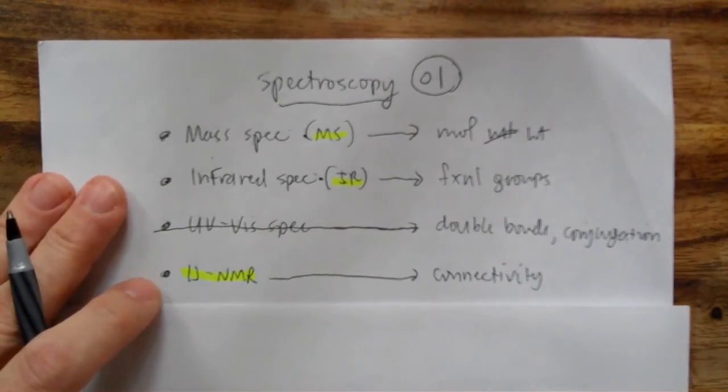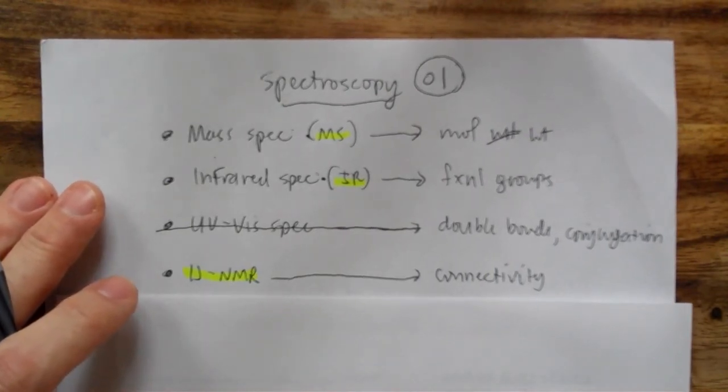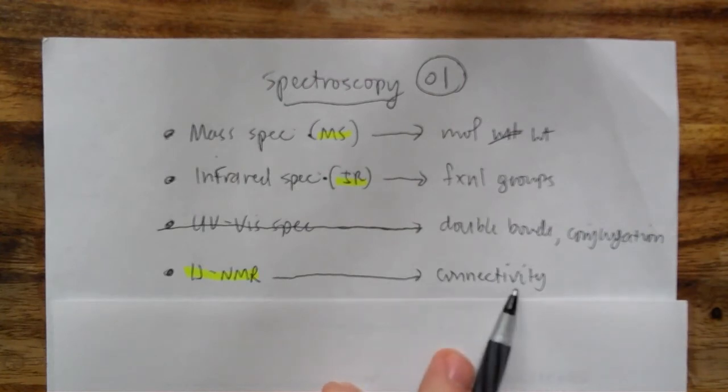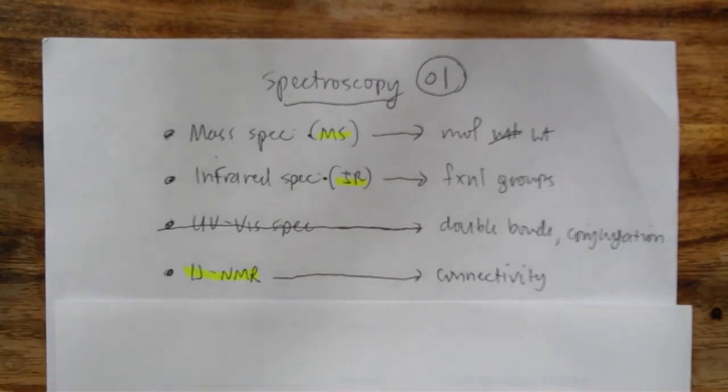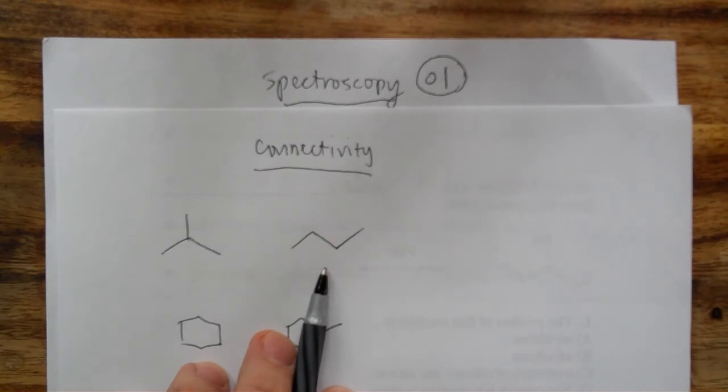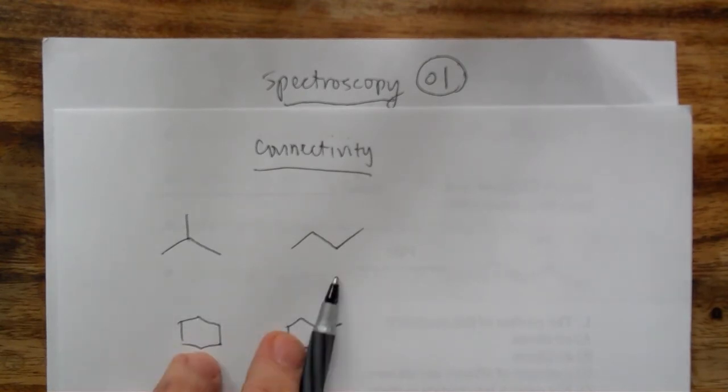Okay, and then finally, connectivity. So, two structures that differ in connectivity. Like that's a word, which of course, I guess if we picked it apart, each little syllable would make sense, but what do we mean by connectivity? Well, here's a good example of connectivity. 2-methylpropane and butane, right? They have exactly the same molecular weight. They have exactly the same functional groups. They're both alkanes, or I should say, in this case, absence of functional groups, right?